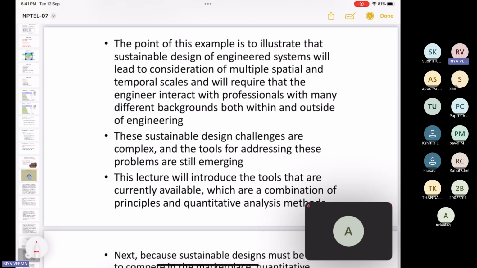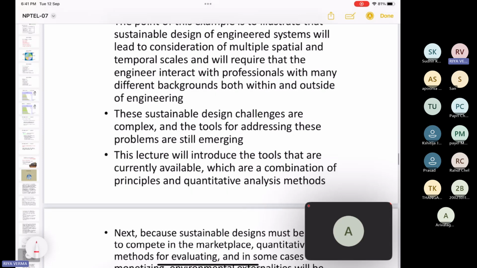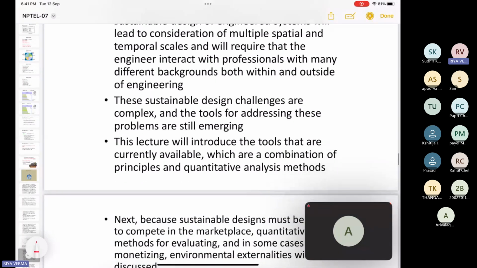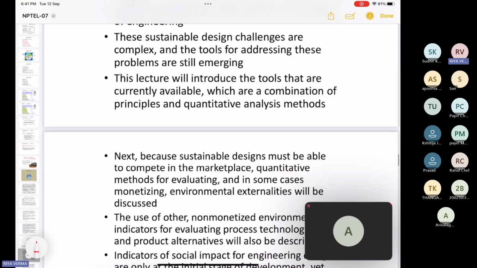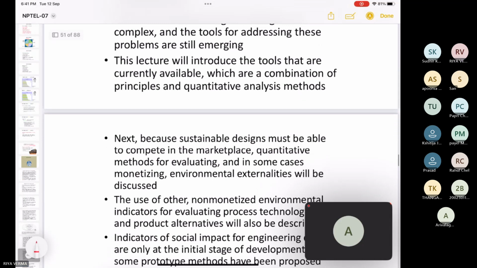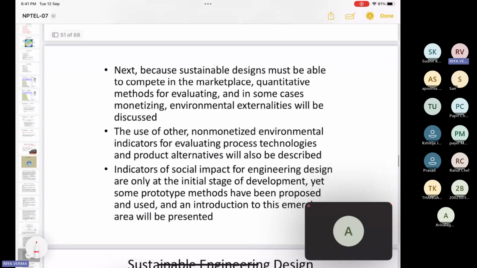These sustainable design challenges are complex, and the tools for addressing these problems are still emerging. Like we are generating different software for the sustainable design of products. This lecture will introduce the tools that are currently available, which are a combination of principles and quantitative analysis methods. And next, because sustainable designs must be able to compete in the marketplace, quantitative methods for evaluating and in some cases monetizing environmental externalities will be discussed.